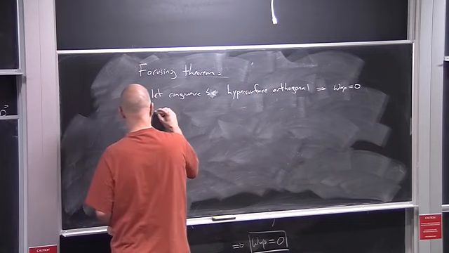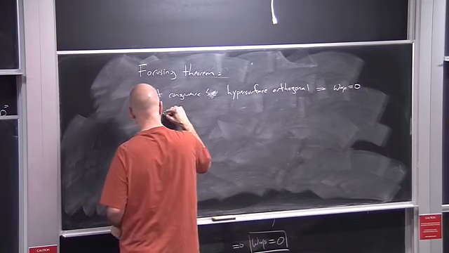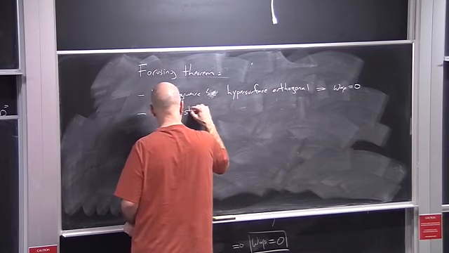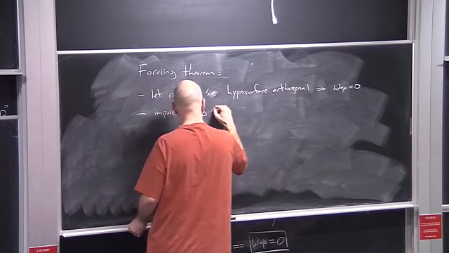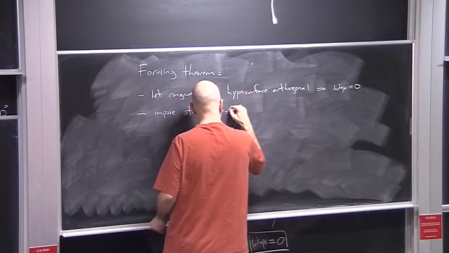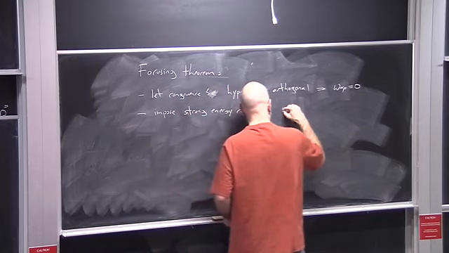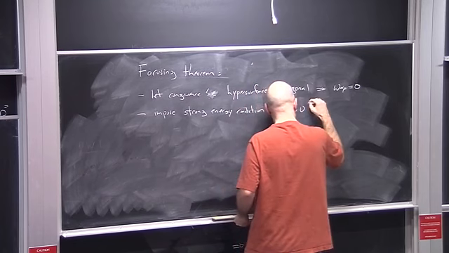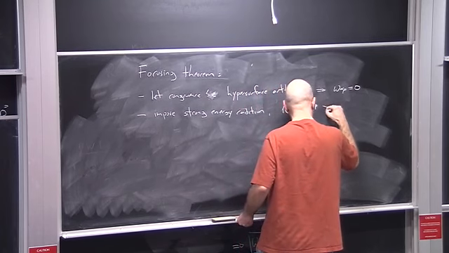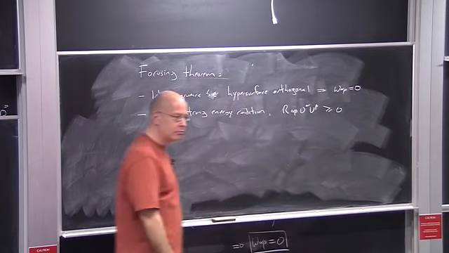And we're going to impose what's known as the strong energy condition. Namely, that the component of the Ricci tensor along U cannot be negative.